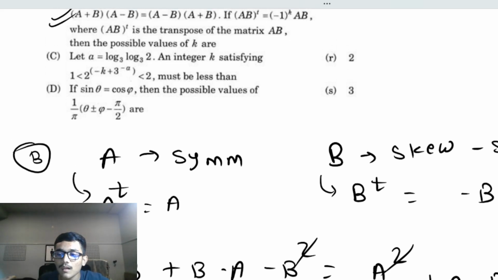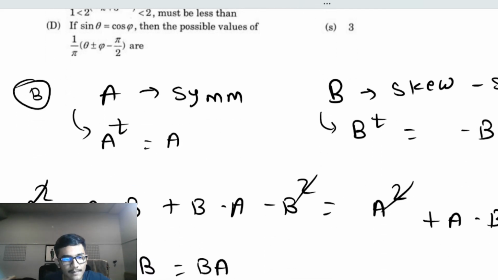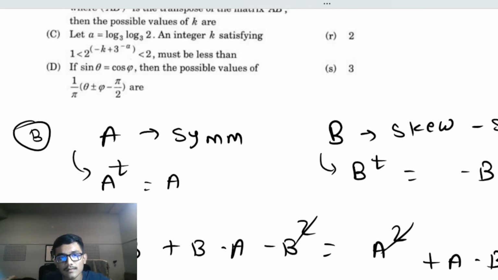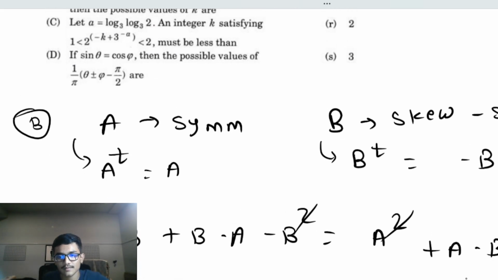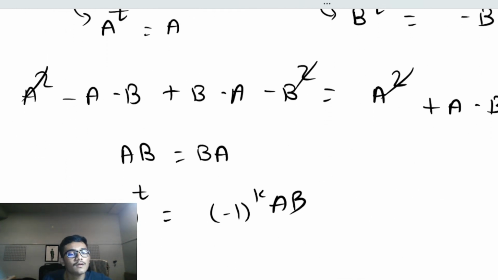Okay. Now take a look at this thing. (AB) transpose is equal to minus 1 to the power K times AB. Now (AB) transpose can be given as B transpose A transpose.